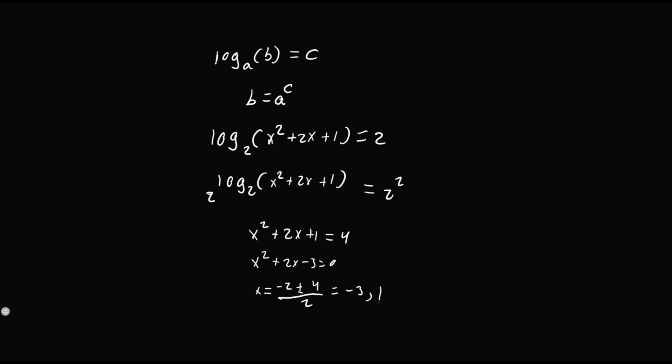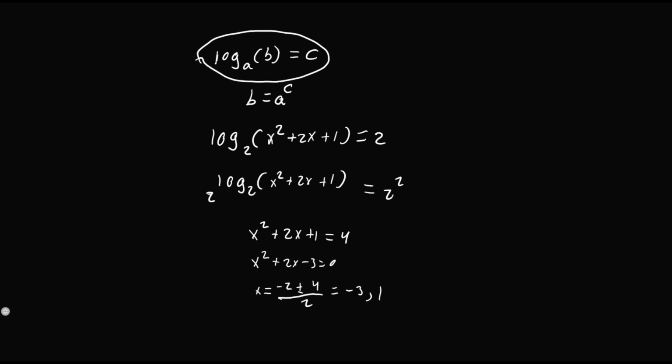With that, we can plug in to see which one makes the equation true and which one is false. As we see, most of the time logarithms can't have negative solutions, but that is only if it is a regular logarithm like the one shown above.